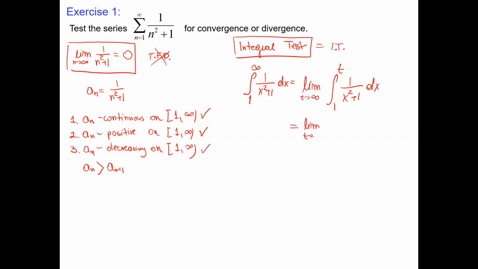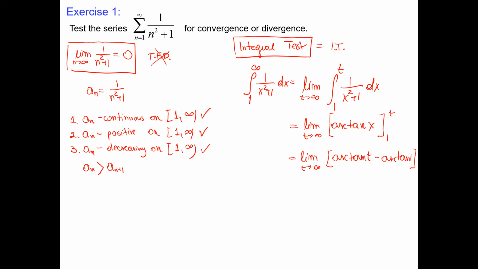We all know the integral of 1 over x squared plus 1 is arctangent, or inverse tangent, of x from 1 to t. Now let's evaluate from 1 to t and then evaluate the limit: arctangent of t minus arctangent of 1.